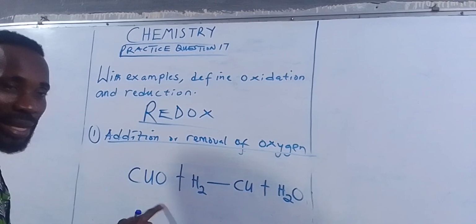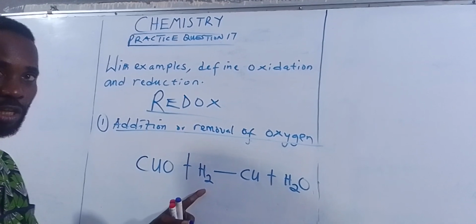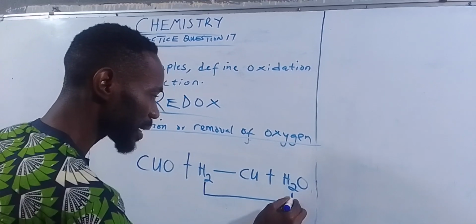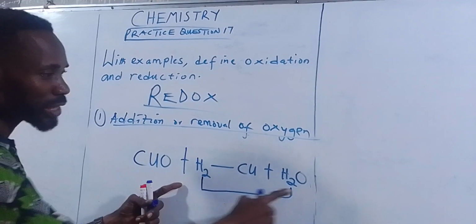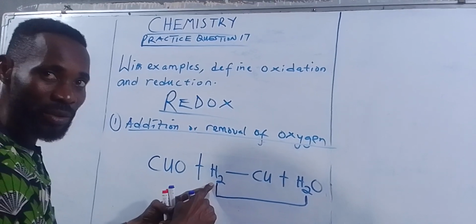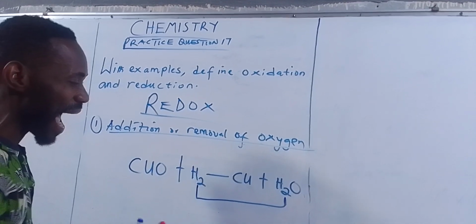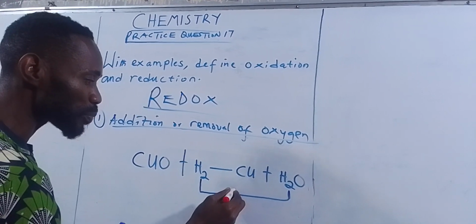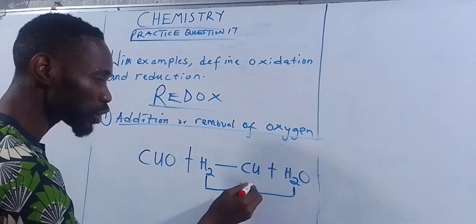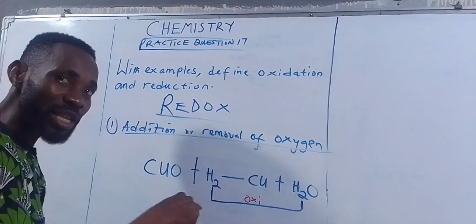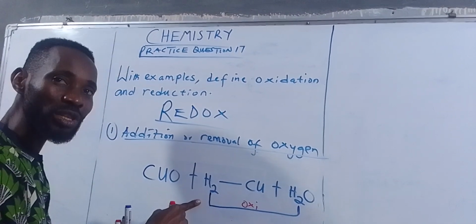These are the reactants. Now, hydrogen in the reactant comes to form water in the product. It means oxygen has been added to hydrogen. So we simply say that the hydrogen has undergone the process of oxidation because oxygen has been added to it. Because oxidation is the addition of oxygen to a substance.